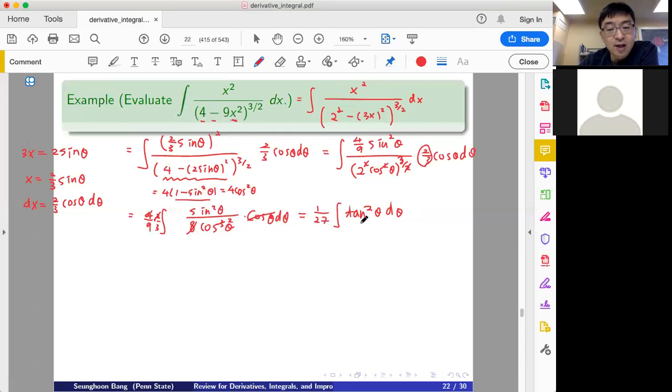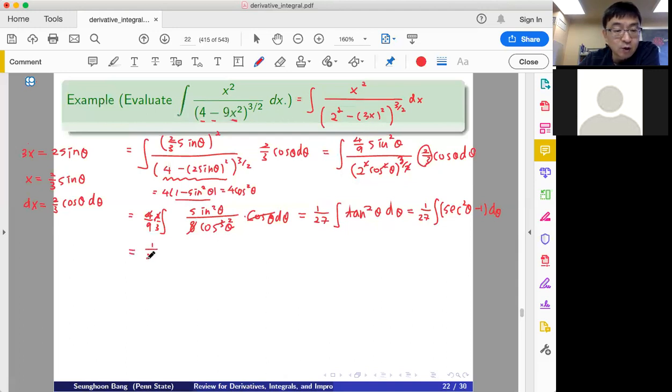So how can you calculate the integral of tangent squared? I'm going to use one identity: 1 over 27, integral tangent squared of theta is exactly the same as secant squared of theta minus 1 d theta. You can use it.